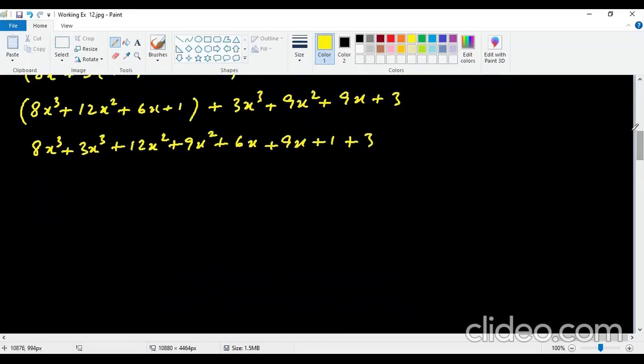Now let's see what it gives us. 8 plus 3 is going to give us an 11x³, and 12x² and 9x² is going to give us a 21x². Now 6 and 9 is going to give us a 15x, and 3 plus 1 is going to give us a 4. This is going to be your final answer for this question, and that's how the exercise is going to end.